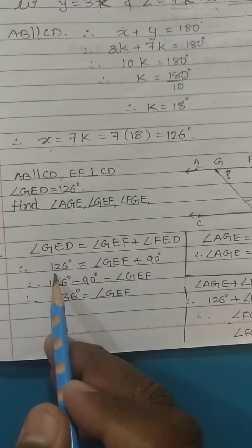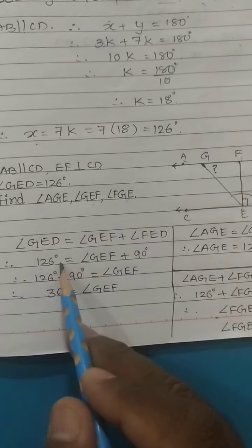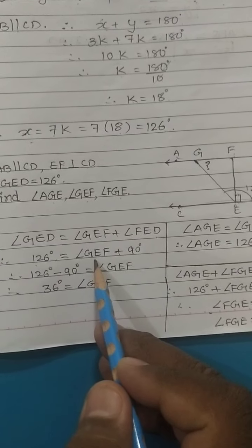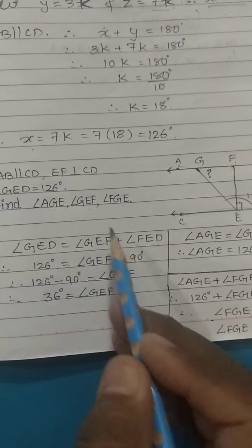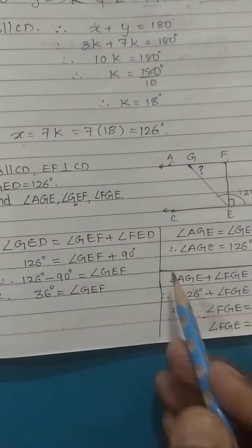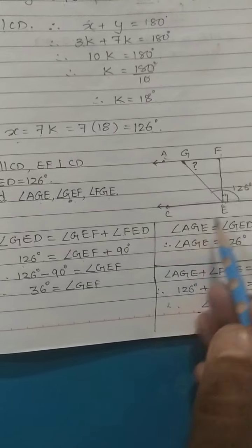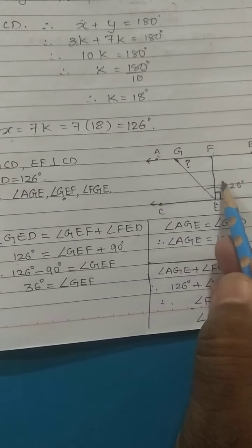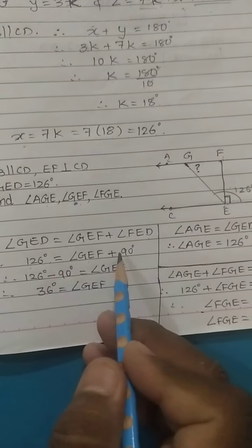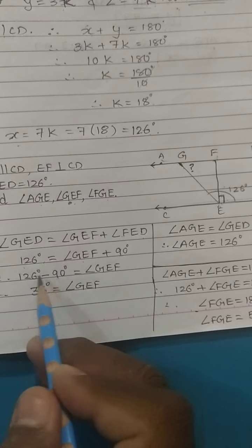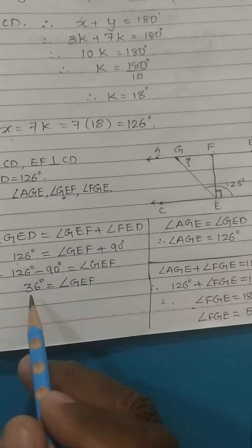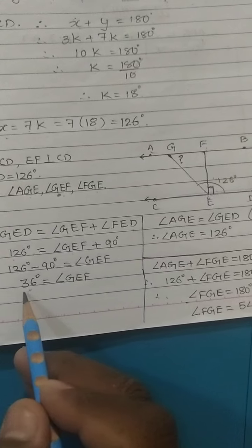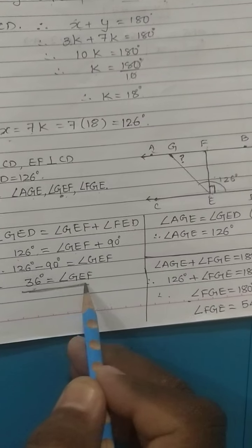The value of GED is given here, 126 is equal to GEF, that we have to find out, plus angle FED, which is, because it is perpendicular, 90 degrees. Send this 90 degrees to that side and subtract it, that is 36 degrees, which is our GEF.